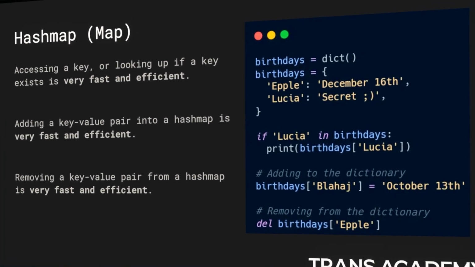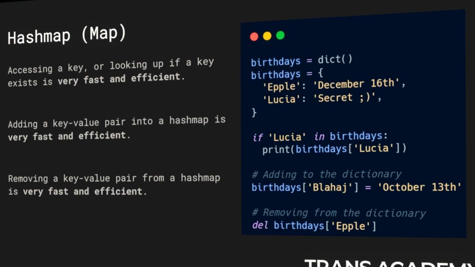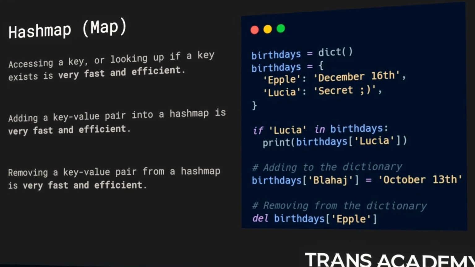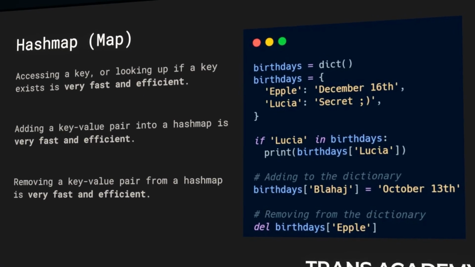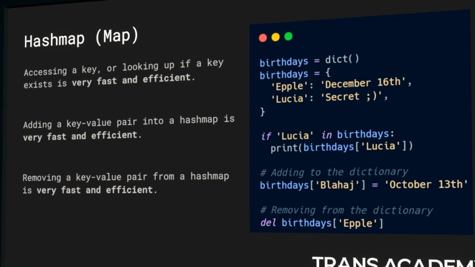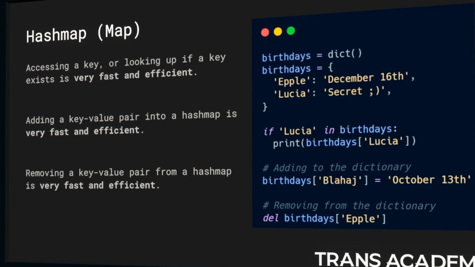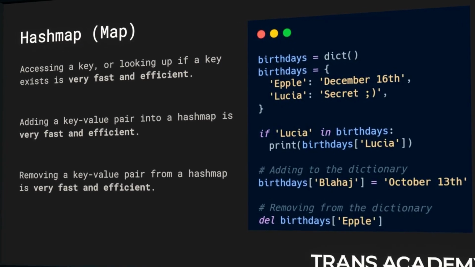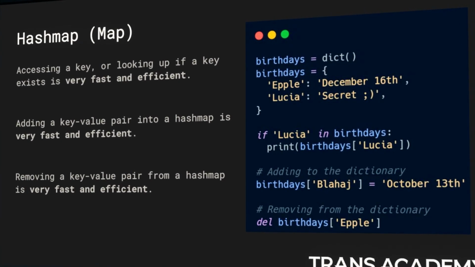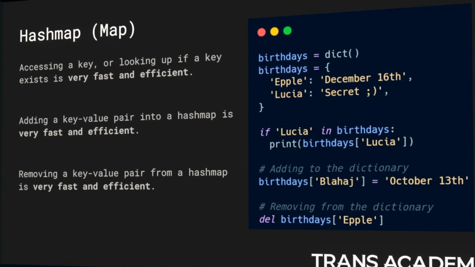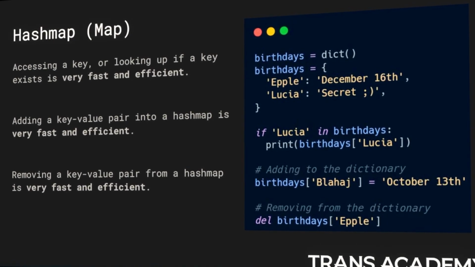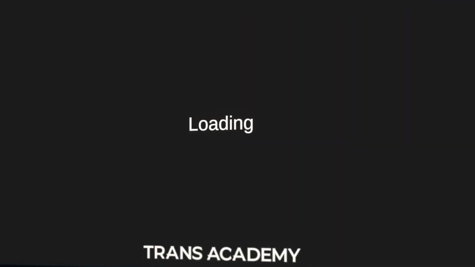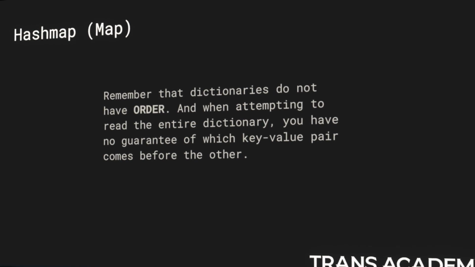I think this is the same syntax we use to delete from a list. Very useful. Unlike lists, this is very fast to delete. There's no order guaranteed. Well, in most languages, Python does guarantee order. And it is also very fast to add a key value pair to it.